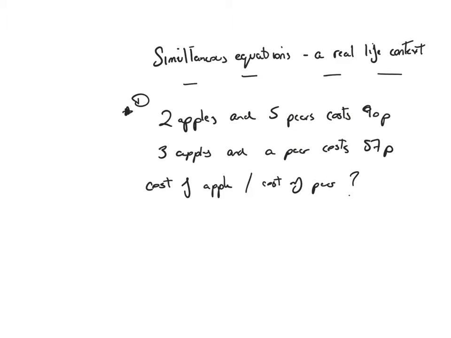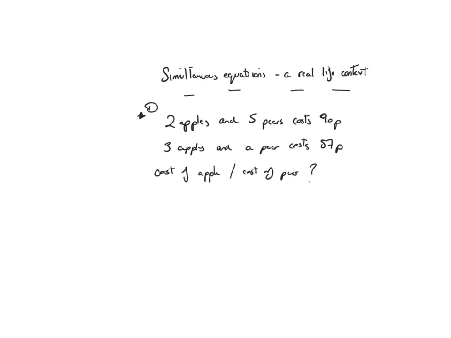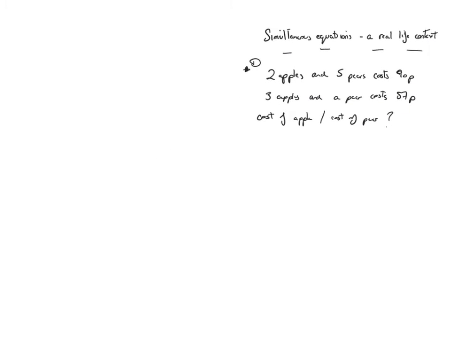Okay, now the first thing that we need to do here, which previously we've been given, we're not given it here, we need to construct it, is a pair of equations.